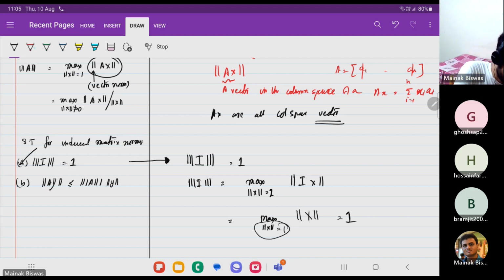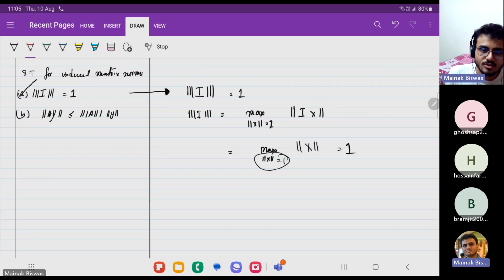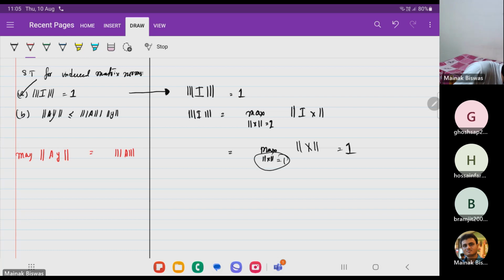This is done. The second one, how will I do it? Can you tell me? The norm of Ay is less than or equal to the norm of A times the norm of y. This is also simple. This first one was very simple. This is a bit involved. So Ay, what have we defined? Correct?